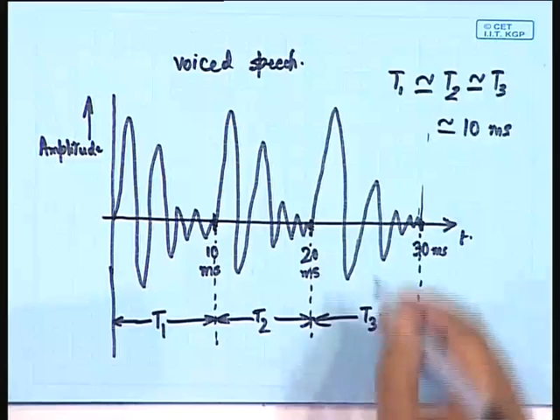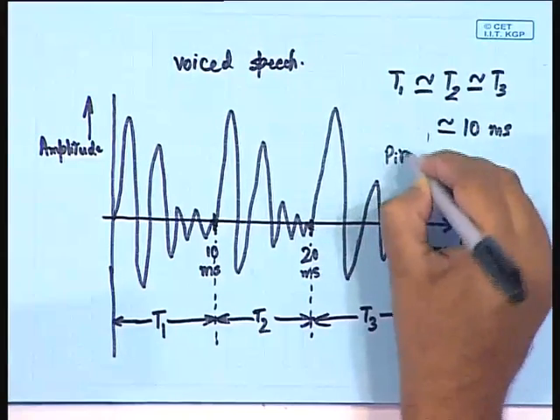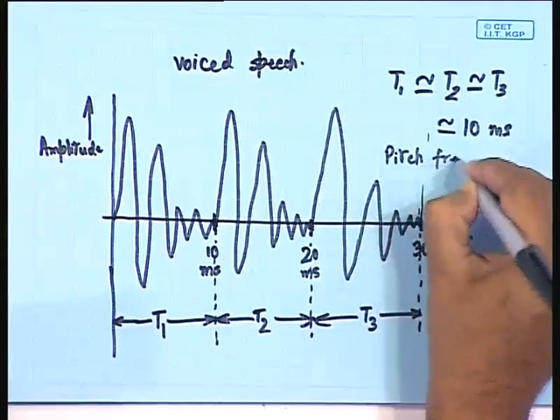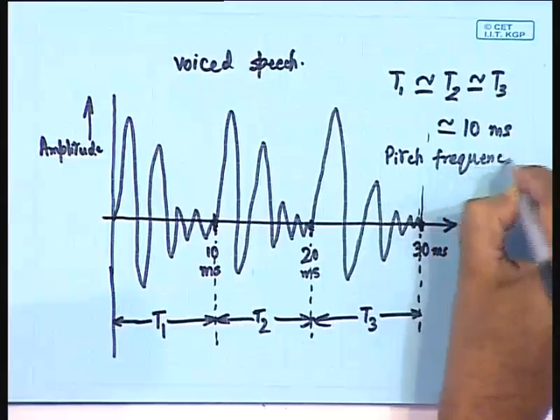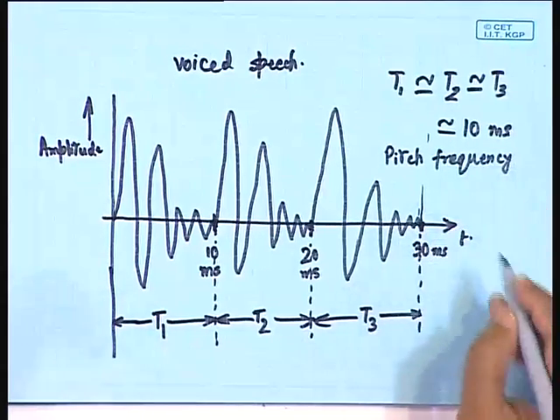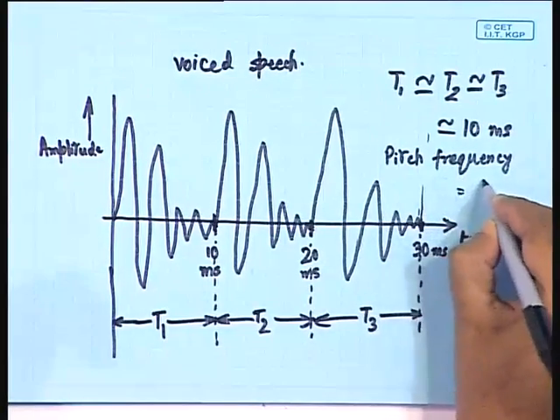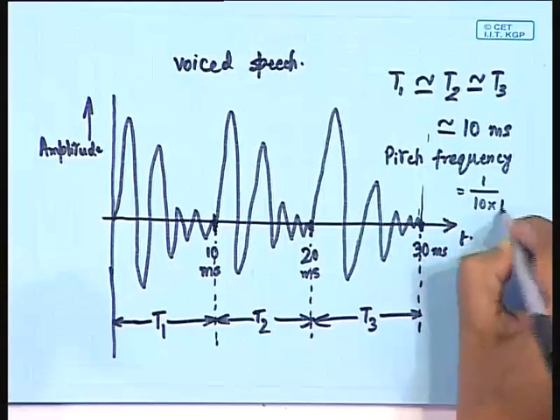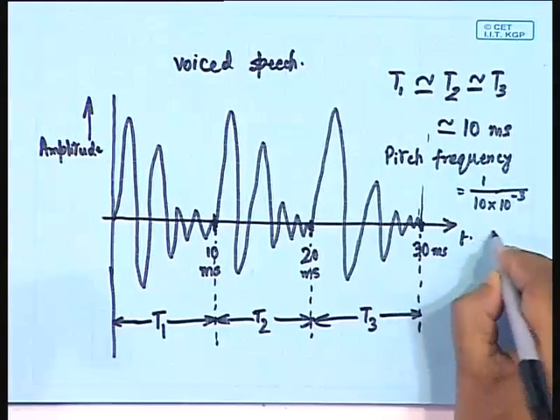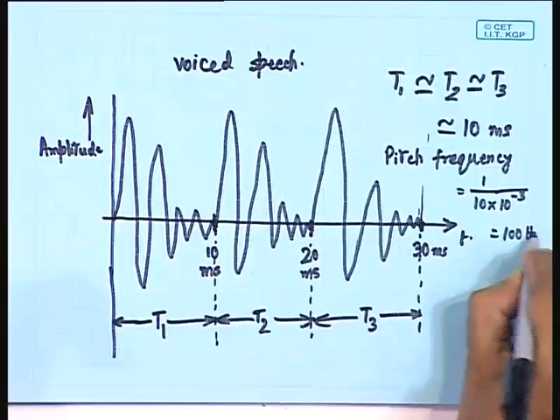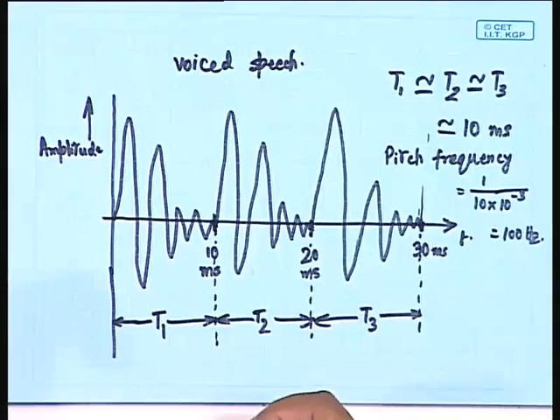The pitch frequency would be the reciprocal of this 10 milliseconds, so 1 upon 10 into 10 to the power minus 3, which means we have a 100 hertz pitch frequency.